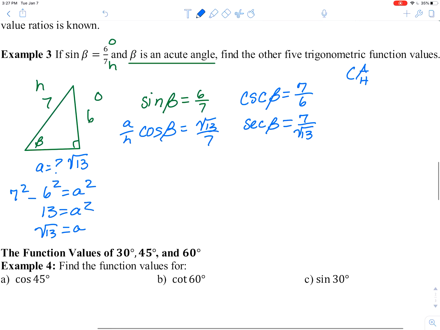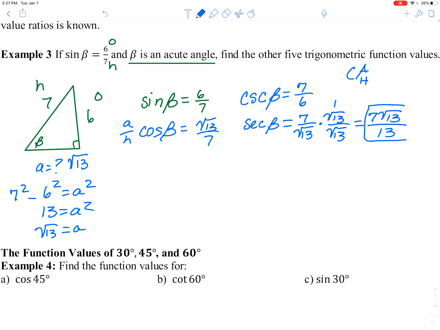Now I am going to ask you to rationalize your denominators. So we're going to move that radical to the numerator by multiplying times the square root of 13 over the square root of 13, which just equals 1. And we're going to multiply. So 7 times the square root of 13 over the square root of 13 times the square root of 13, which is just 13. This is my preference, so please make sure you're rationalizing your denominator.